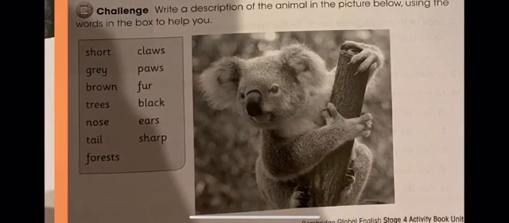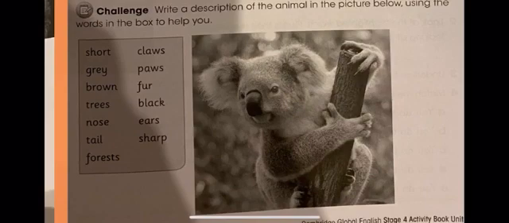It's a koala bear, and it is very famous in Australia. After kangaroos, there are lots of koalas in the forests, because they basically live on trees and they feed on leaves. They eat leaves. So this is what this animal is about.